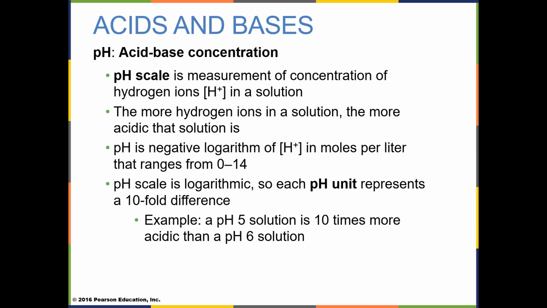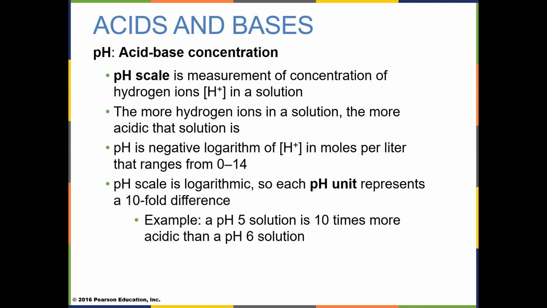A pH of 9 has 10 times more hydroxyl ions than 8, and 100 times more than 7. And as we go up the scale towards 14, we get more and more hydroxyl ions. Because the scale goes from 0 to 14, something that is pH of 14 is considered very, very basic.